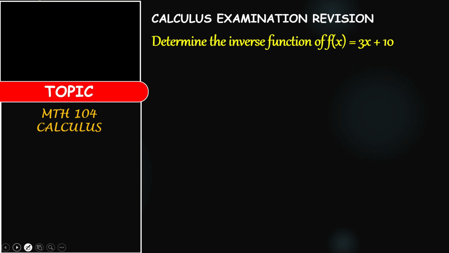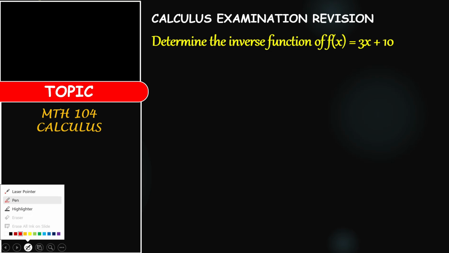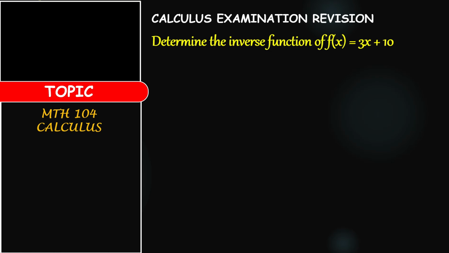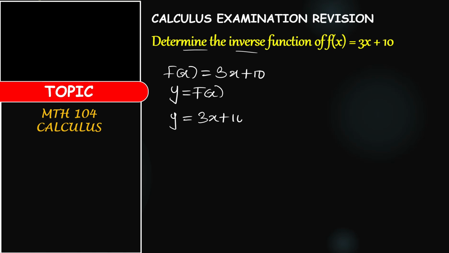All right, now the next one is f of x is equal to 3x plus 10, and they say determine the inverse. If you want to determine the inverse of a function, there are steps you need to follow. First of all, you know that y is equal to f of x, so we can say y is 3x plus 10.